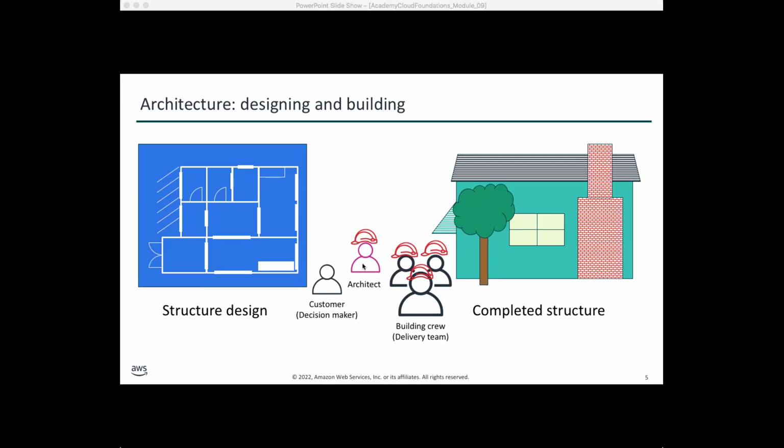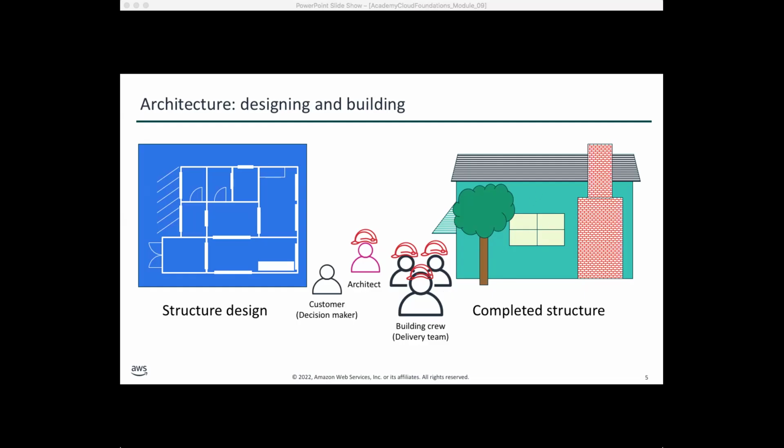In some cases you may implement that design yourself, but in most cases the architect will follow the Well-Architected Framework, for example in the AWS cloud, or any other well-defined procedures, and then give it to the building crew to build the whole building or large infrastructure, right?